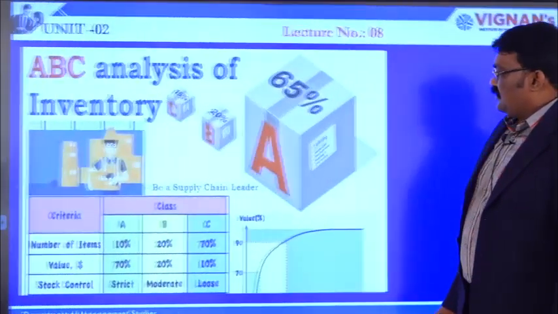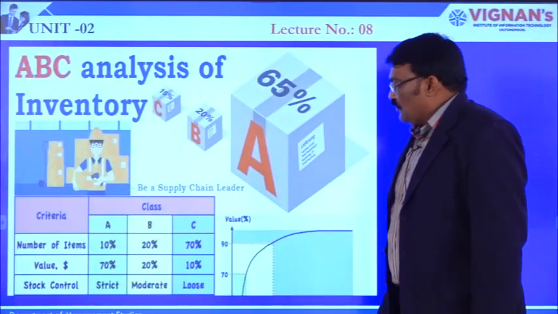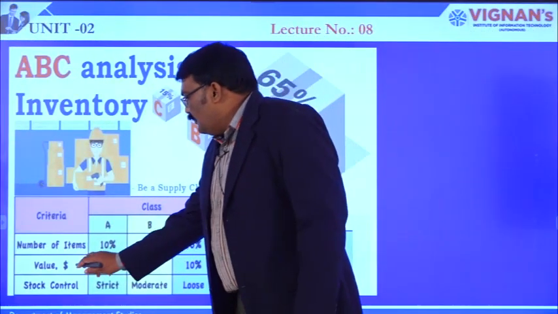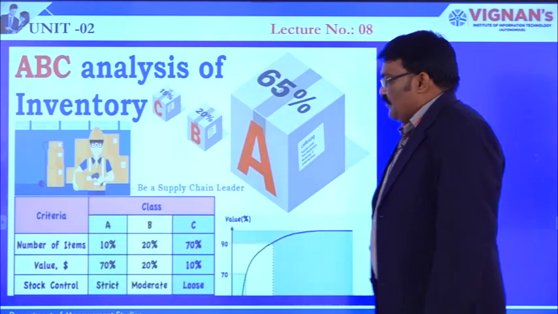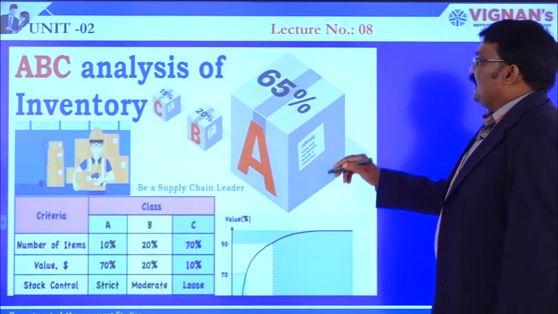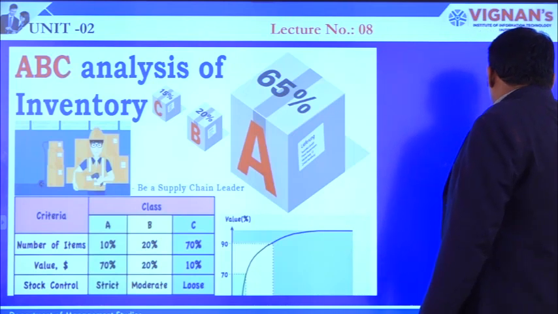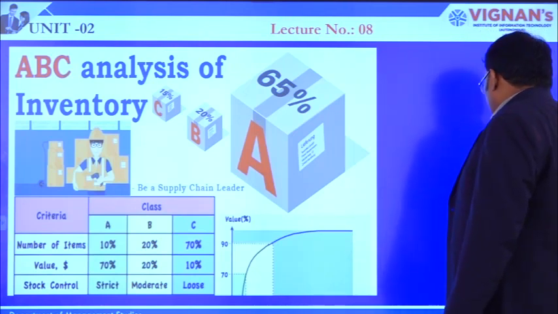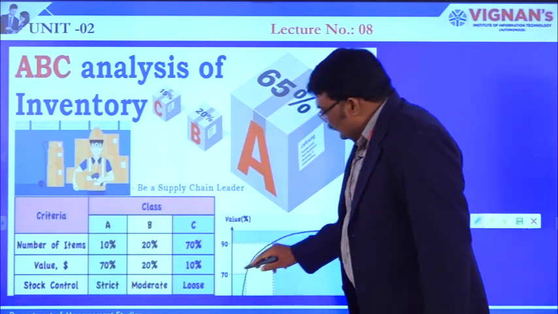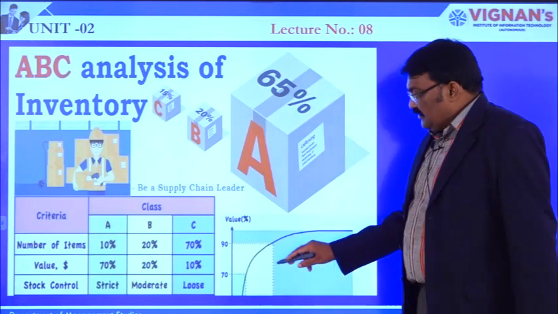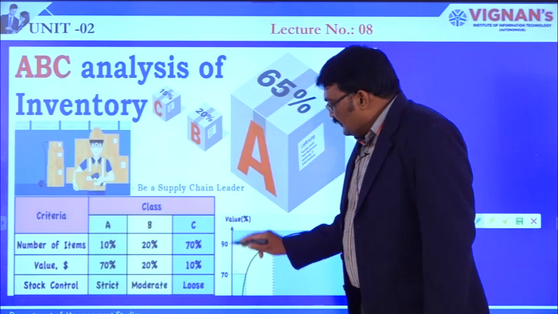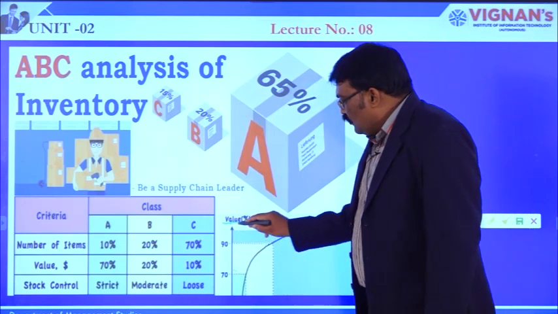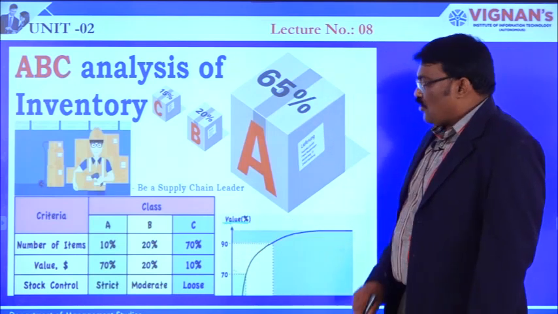Going to the next one, you will understand more in terms of the value and the stock. As the diagram has been represented, this is value, please understand, and the bottom one is cost.